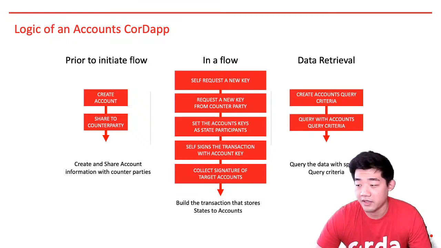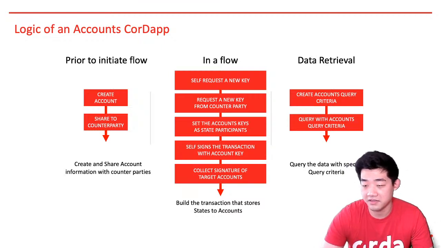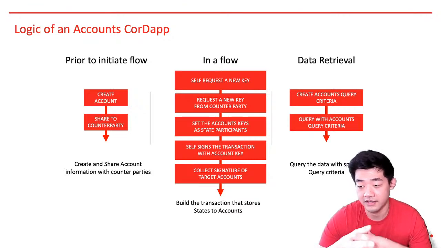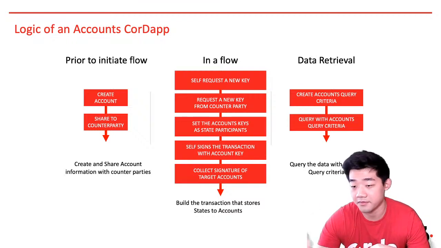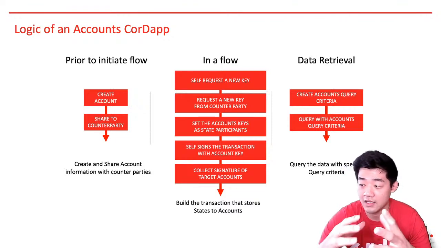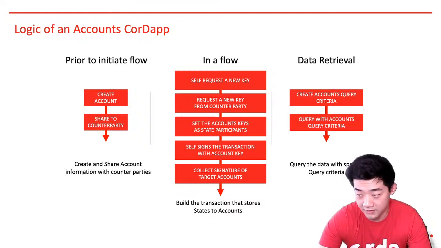We are doing this because when we're utilizing the accounts feature in our CorDapp, you want to create a new set of public and private keys for each transaction. Why? Because when your counterparty decides to transact, the output states generated by the current transaction involving you and him, meaning your account key and his account key are both signing keys of the transaction, go to a third person.